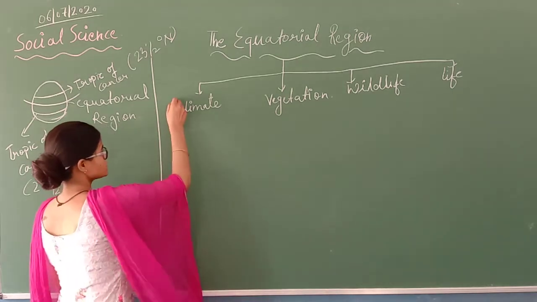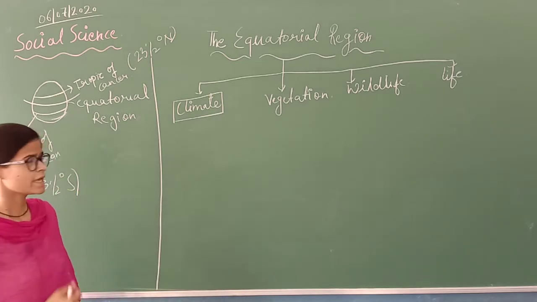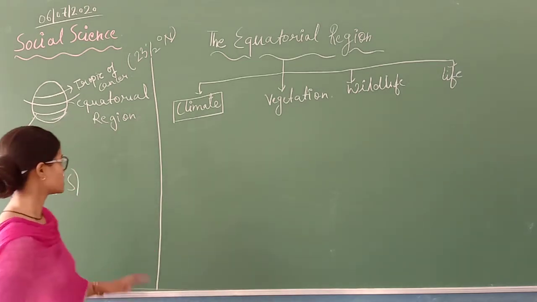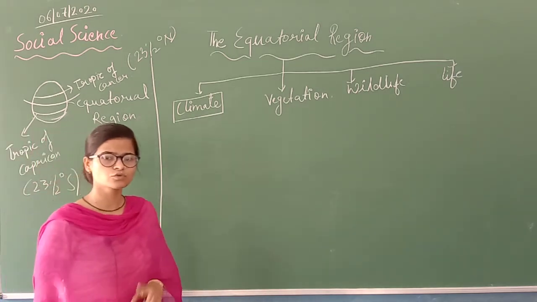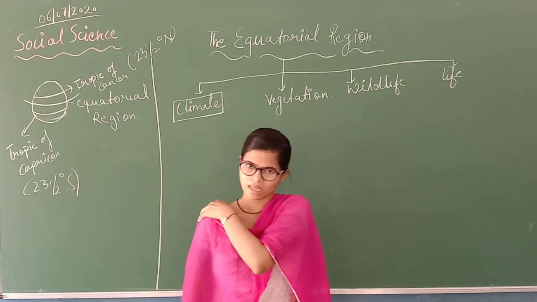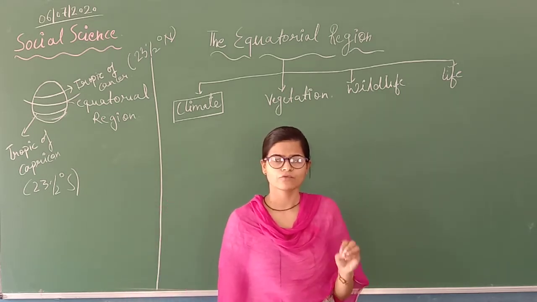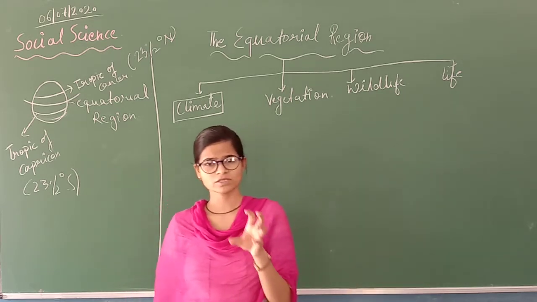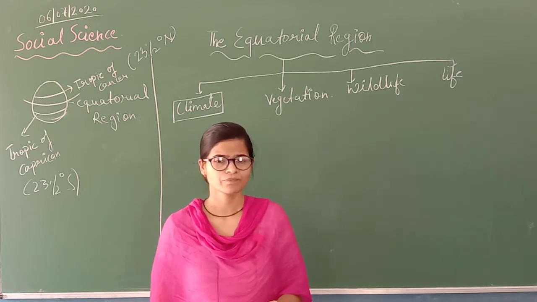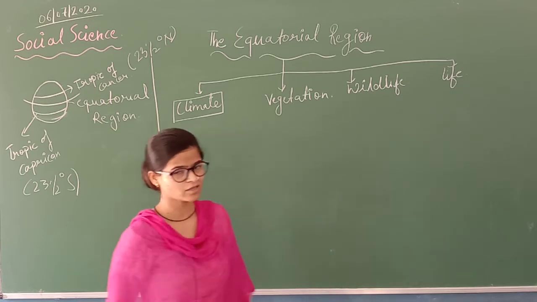So first is climate. My dear students, as the equator divides the earth into two equal hemispheres, the northern hemisphere and the southern hemisphere, in this part the rays of the sun fall directly. Due to which its climate is hot and humid.